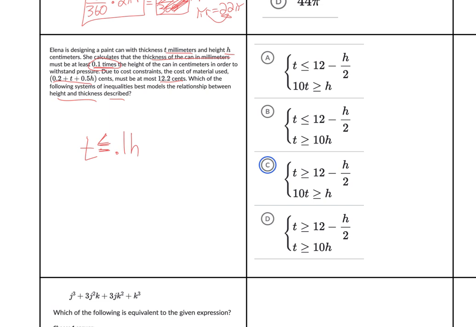Okay, now I don't see that anywhere there, so I'm going to have to make some adjustments. But let's write the other one. 0.2 plus t plus 0.5 h must be at most, so this has to be less than or equal to 12.2.